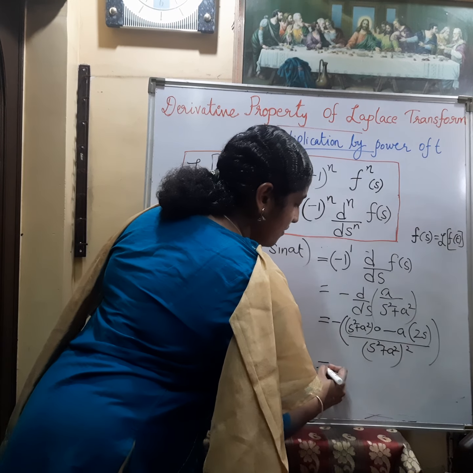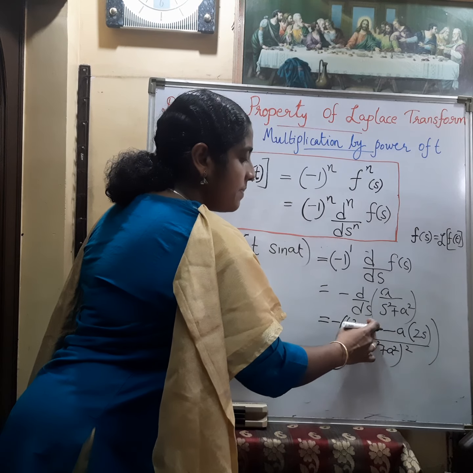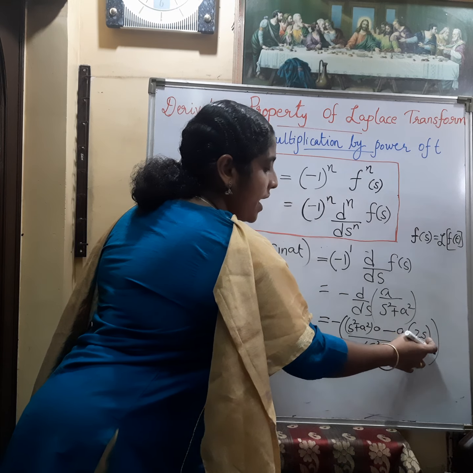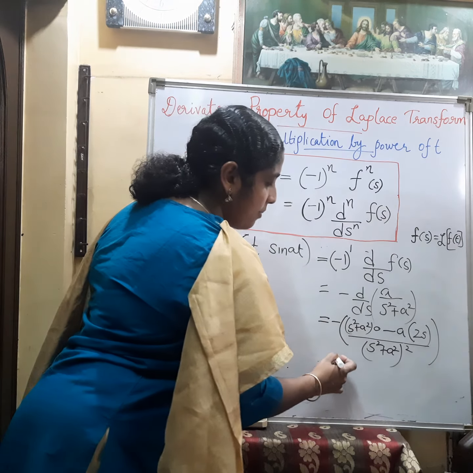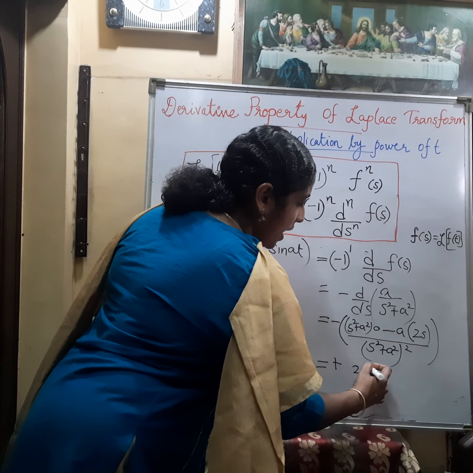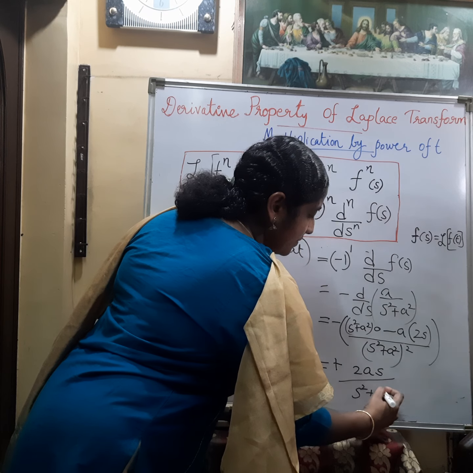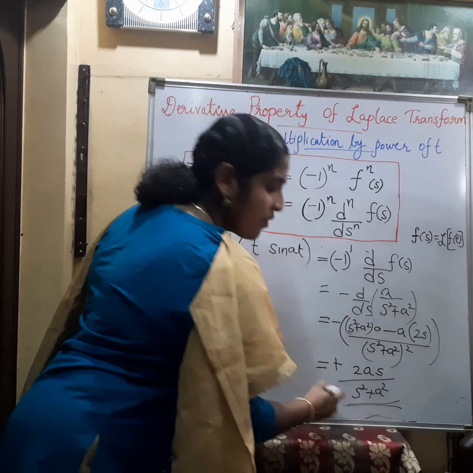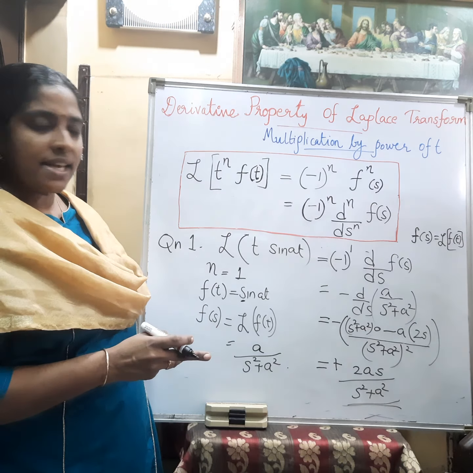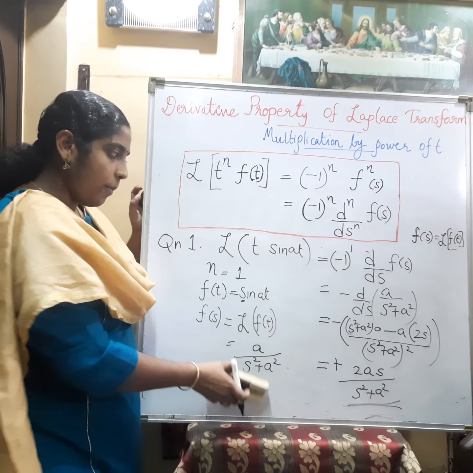So the answer will be minus, this becomes 0, minus 2as, here there is a minus, so that becomes plus, so that is 2as divided by s square plus a square whole square. So it is very easy. Now we can do another problem.